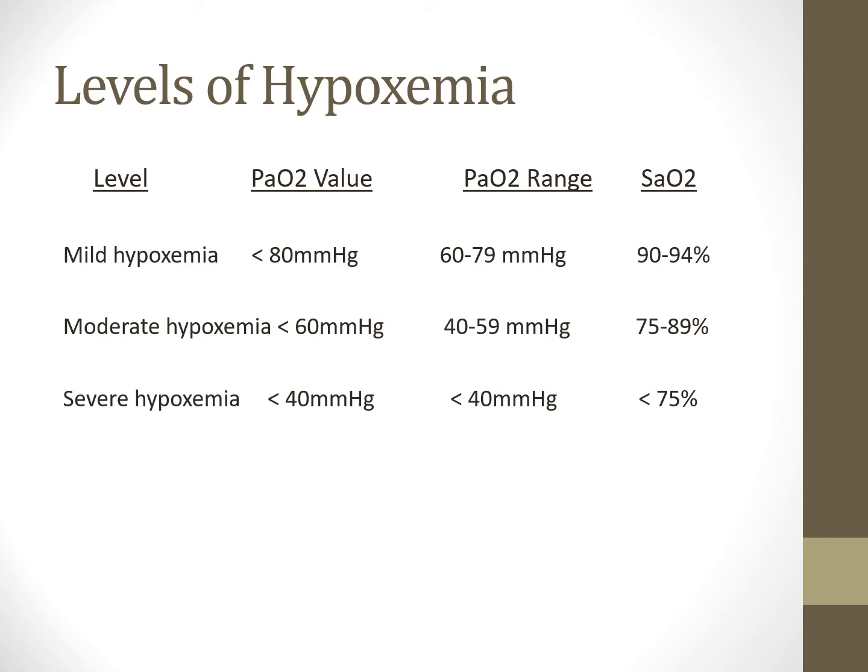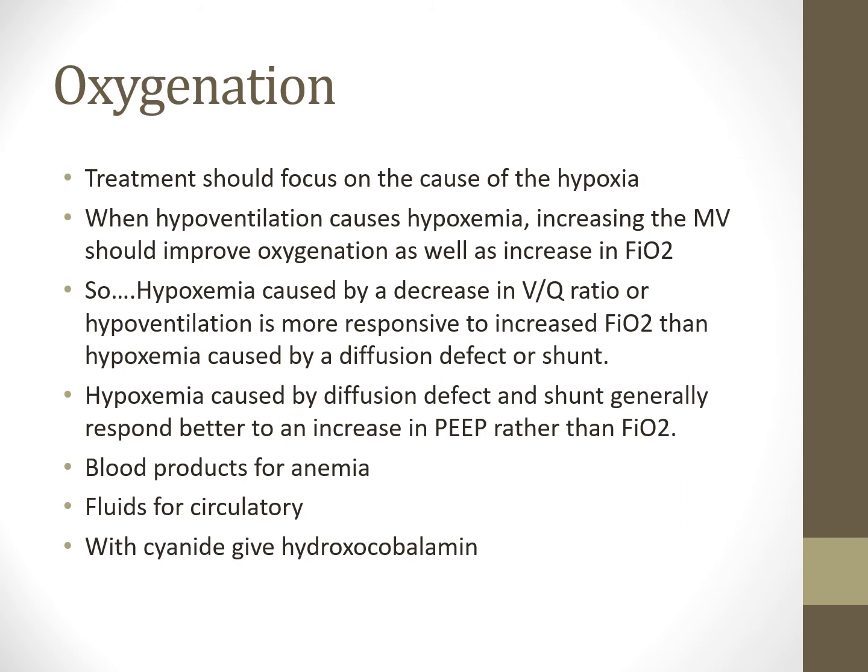A PaO2 between 60 and 79 is considered mild. Between 40 and 59 is moderate, and less than 40 is severe. In the future, just know that's what is needed, and I'll make sure I clarify that next time.